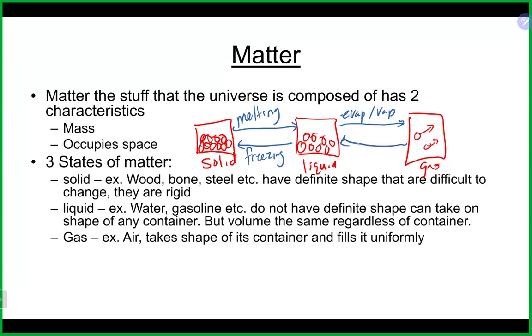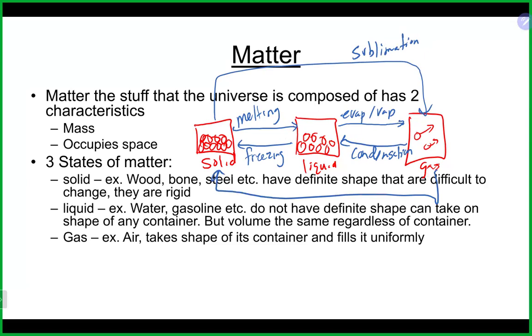Gas going back to the liquid is condensation. We could also go from solid directly to gas, skipping the liquid, which is sublimation. And we could go from gas back to solid, also skipping the liquid, which is deposition.